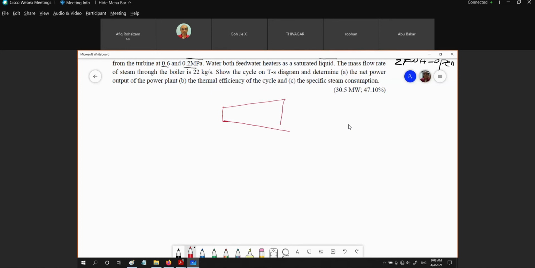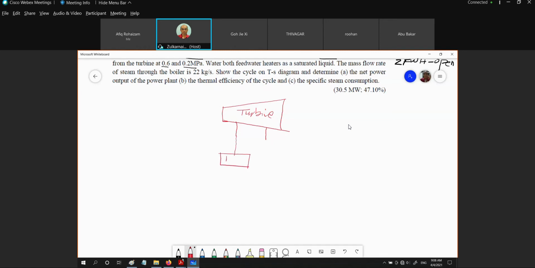And remember, we have 2 extraction for the turbine. Okay, the first extraction goes to the feed water heater.